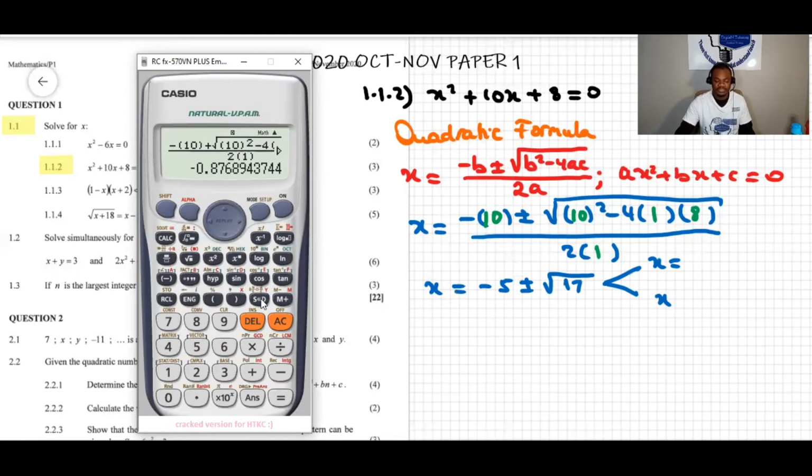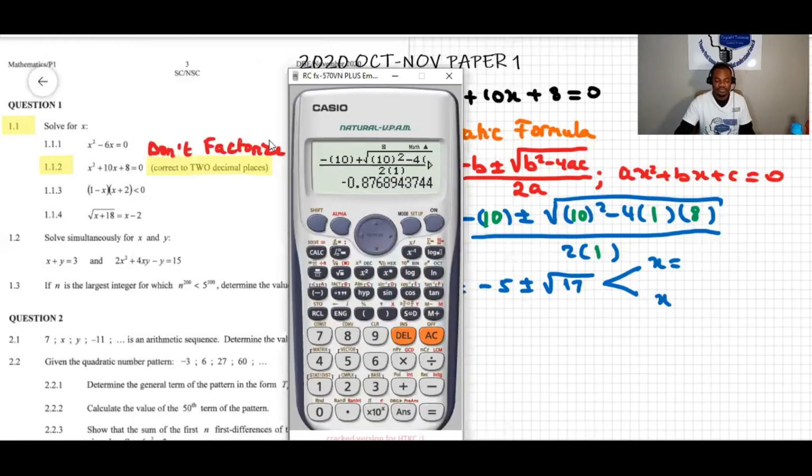It tells us that it's 0.876, and so on. Because the question says correct to 2 decimal places, we look at the 3rd decimal place, which is 6 here. Because the 6 is more than 5, we increase the 2nd decimal place by 1 unit. So the answer will be -0.88.